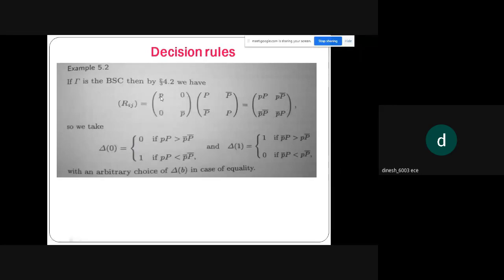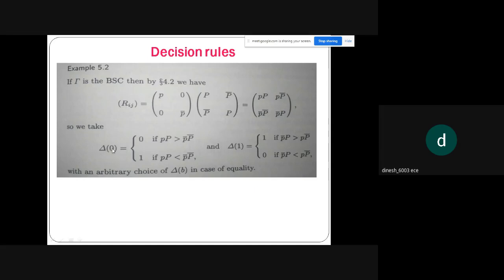So simply multiply P into P, P bar, P bar, and P bar, P. So this is a general notation of that.